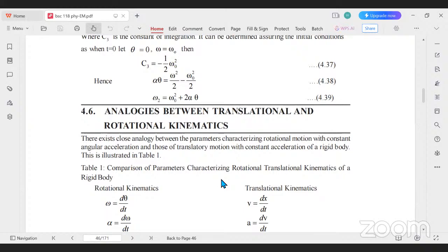There exists a close analogy between the parameters characterizing rotational motion with a constant angular acceleration and those of the translatory motion with a constant acceleration of a rigid body. Somebody has discovered velocity, acceleration, angle, and combined everything to frame a body, and we have added rotational motion to that.